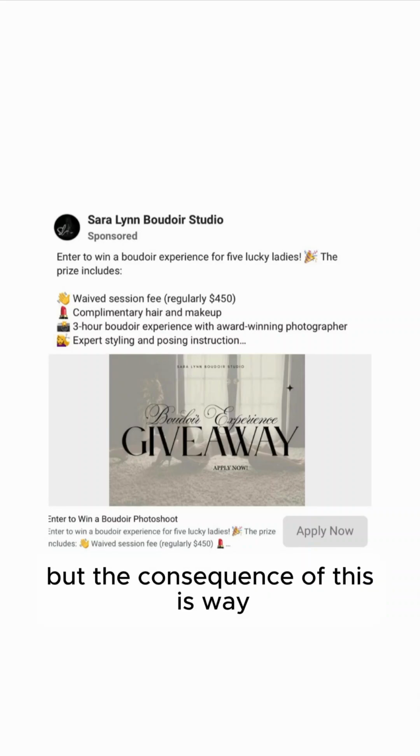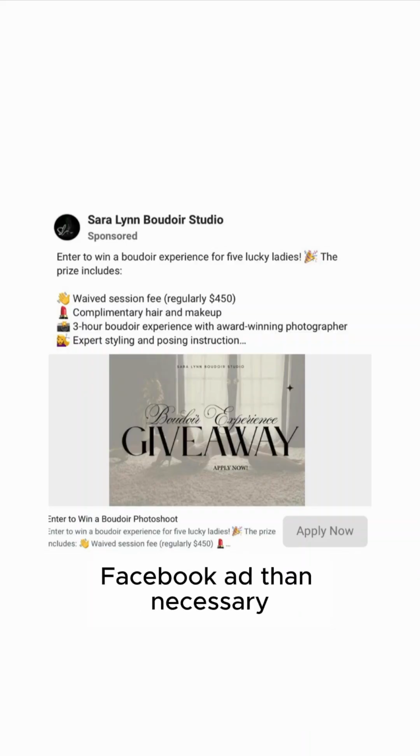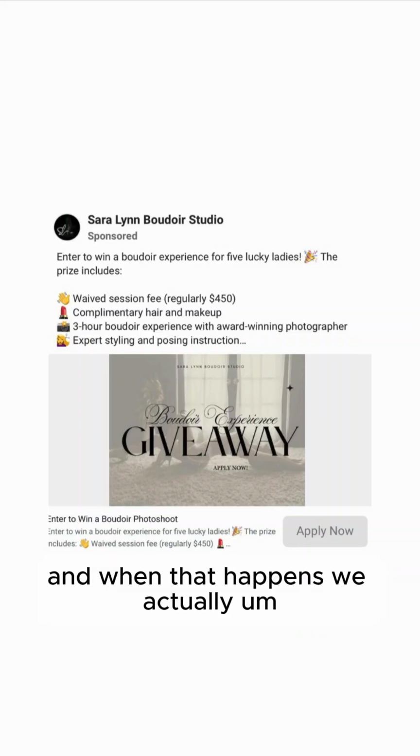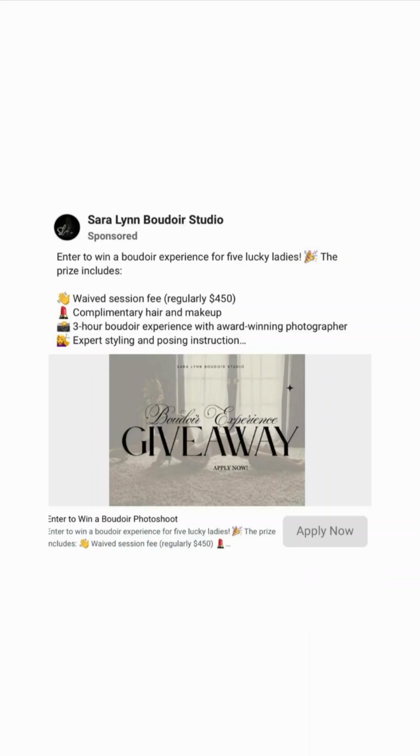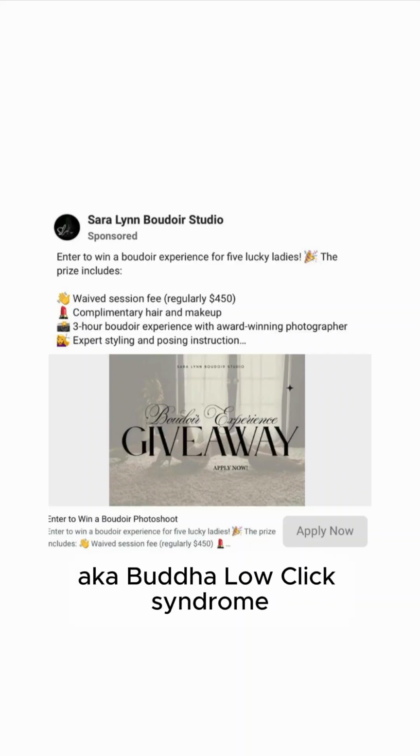But the consequence of this is way more women scrolling by our Boudoir Facebook ad than necessary. It pulls unique CTR under 6% and contributes to BLCS, aka Boudoir low click syndrome.